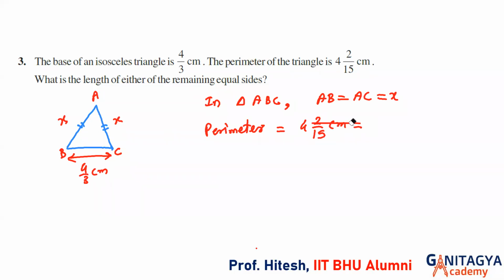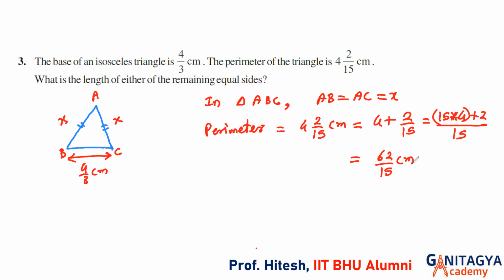So this is nothing but 4 and 2 by 15 centimeter, that is 4 plus 2 by 15, which is 62 upon 15 centimeter. And the base is 4 by 3 centimeter.